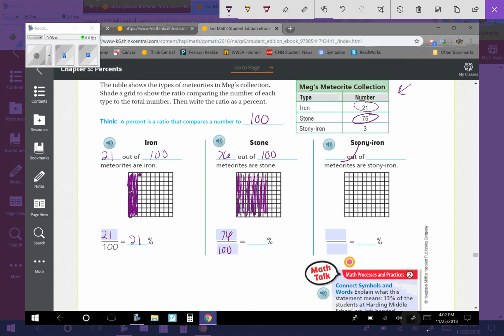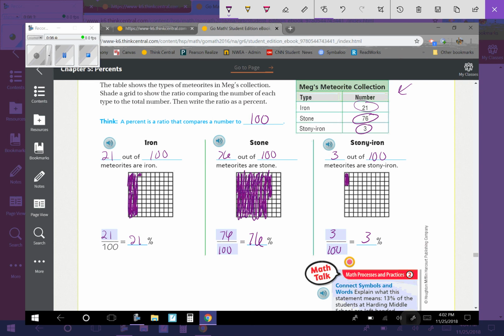That's 70, if we shade all that in. And then 1, 2, 3, 4, 5, 6, which is 76%. And then over here we have 3 out of 100, which is 3%, and you would just shade the 3.